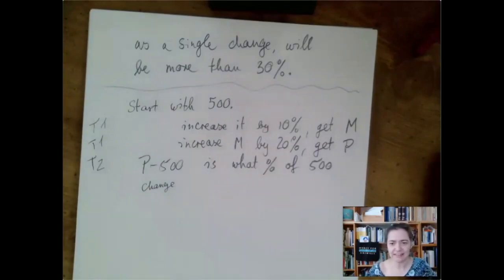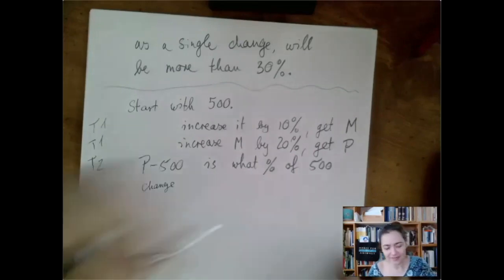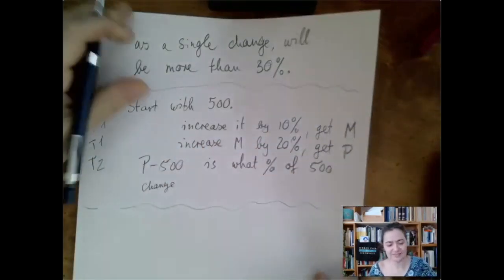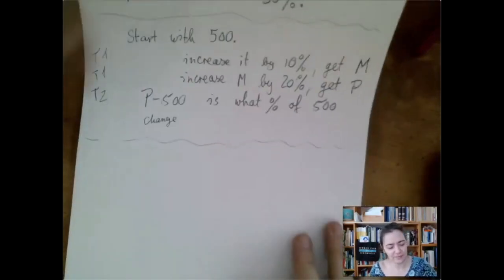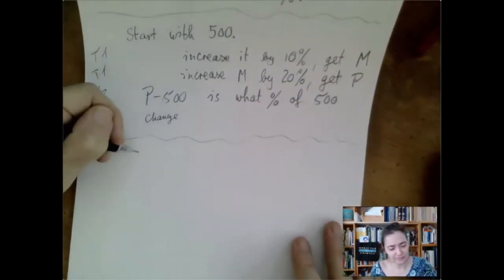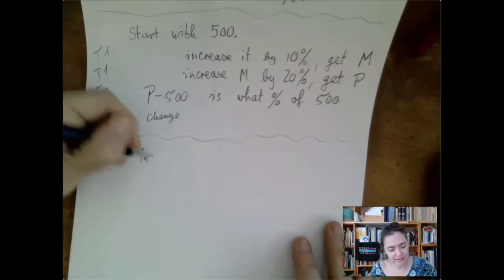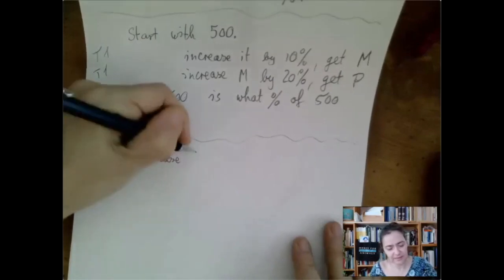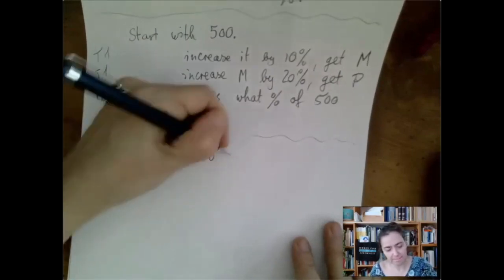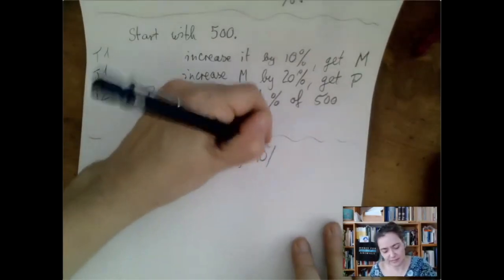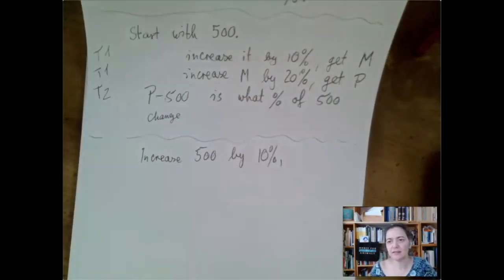All right, are we ready? Let's do it. Find M. So increase 500 by 10%. What is 500 increased by 10%?